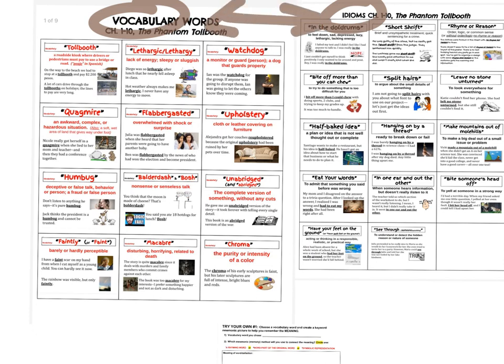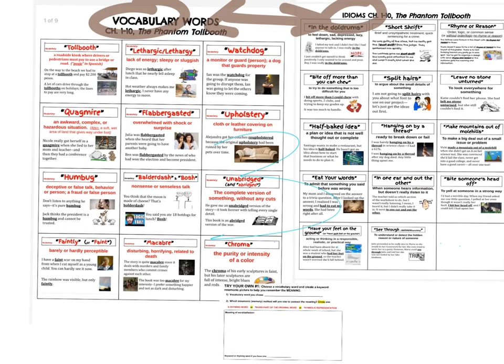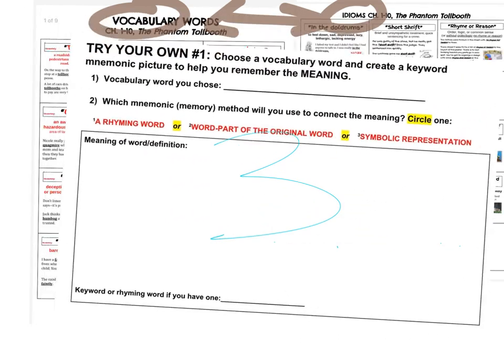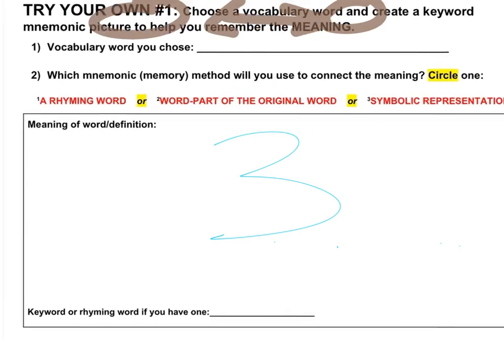So I know we normally only have vocabulary words, but now we're going to have vocabulary words and idioms or phrases that the book is going to use that I want you to know. So again, now it is time for you to pause. You're going to do 3 of these today.